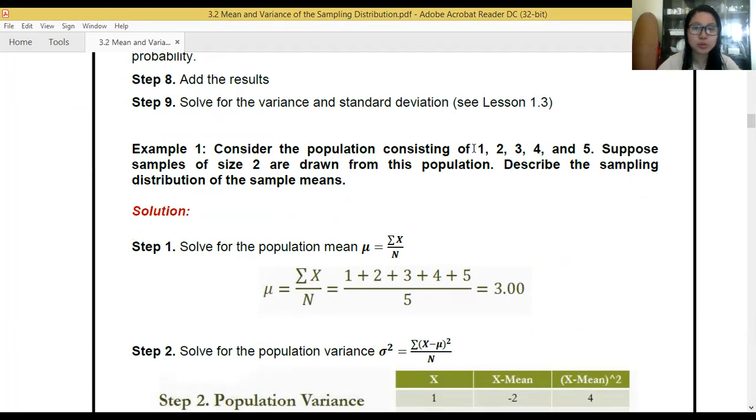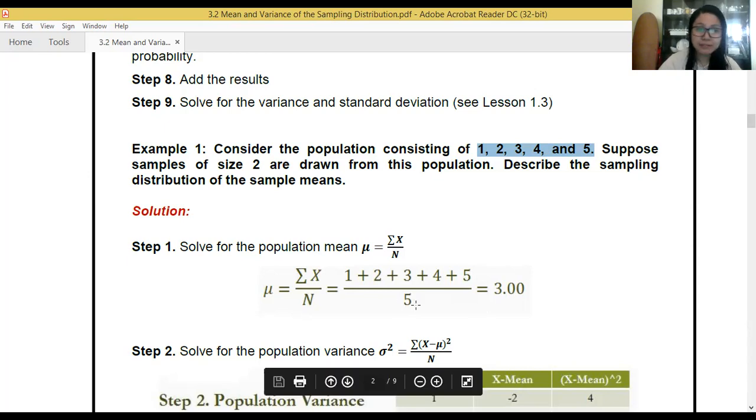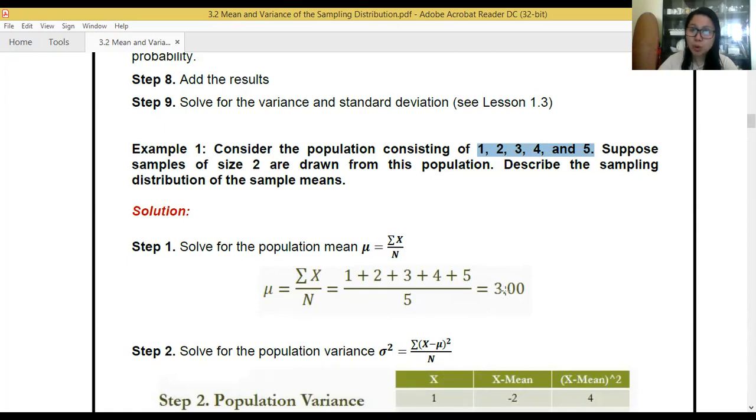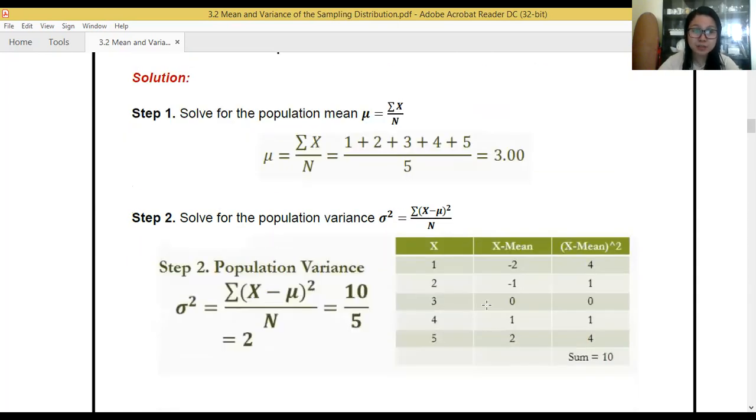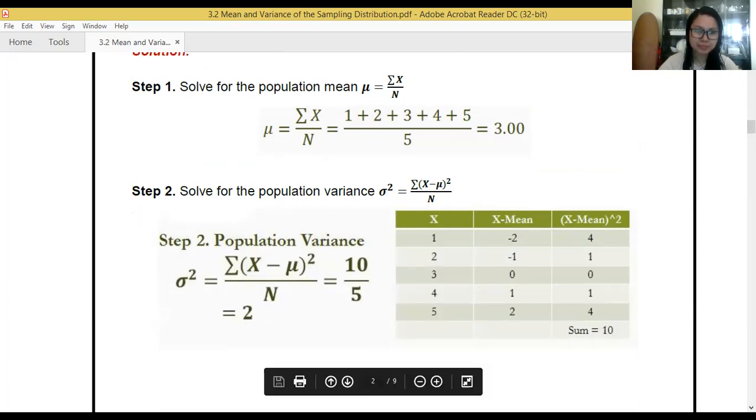What are we going to do? We'll add the given numbers. So 1 plus 2 plus 3 plus 4 plus 5, that is 15. Divided by, how many numbers are there? There are 5. So divided by 5, the answer is 3. So our population mean is 3.